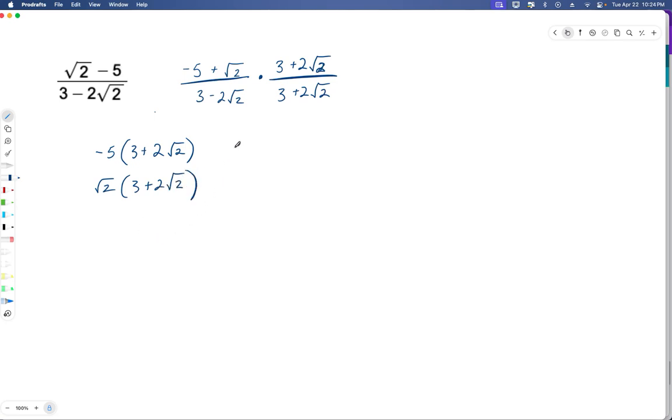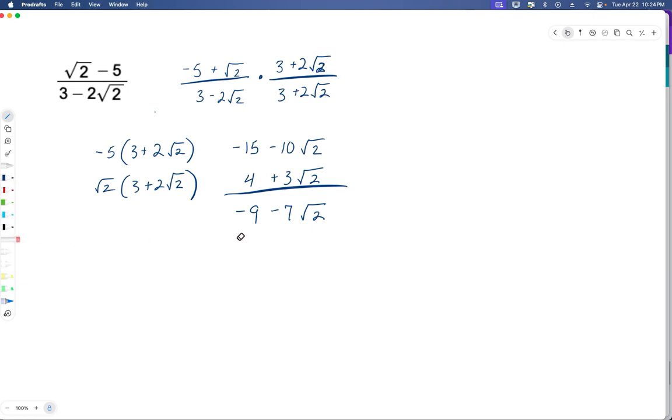So I've got a negative 15 and a negative 10 square root of 2. And I've got a positive 3 square root of 2. And 2 times square root of 2 times square root of 2 is 2. So 2 times 2 is 4, positive. So this would be a negative 9 minus 7 times the square root of 2.